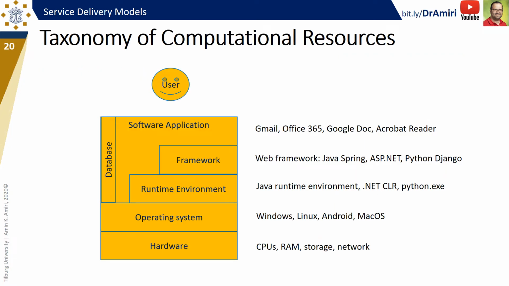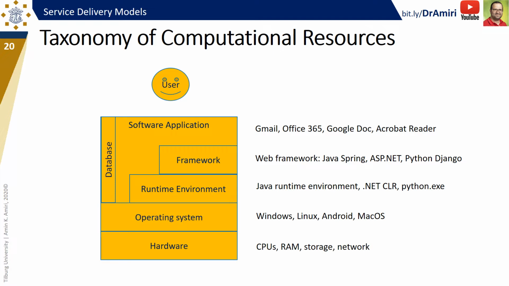To understand IT service models, we need to know the taxonomy of computational resources. The first class of computational resources is hardware that includes resources such as CPUs, RAM, storage, and network interface cards.